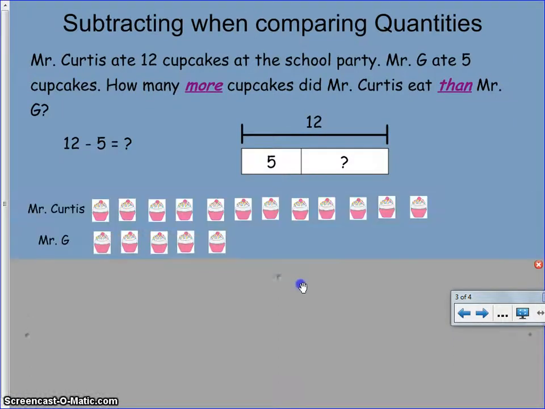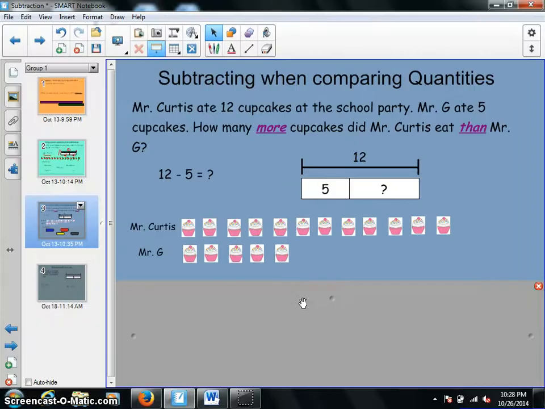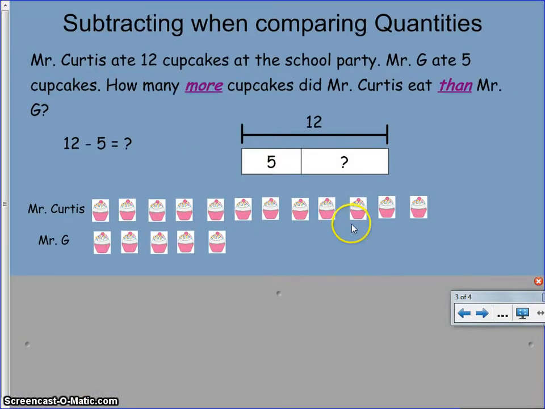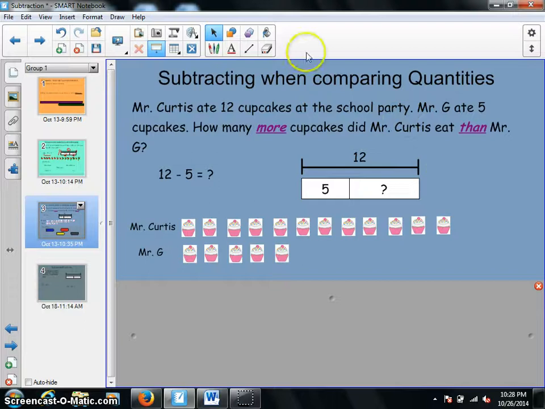And I can go down here and look at this picture, okay? And here's sort of what it looks like. Up top I have the cupcakes that Mr. Curtis ate, and then below it I have... let me try to get my tools back up.